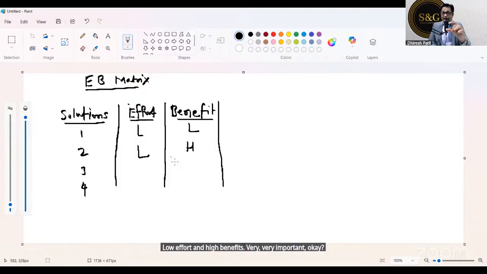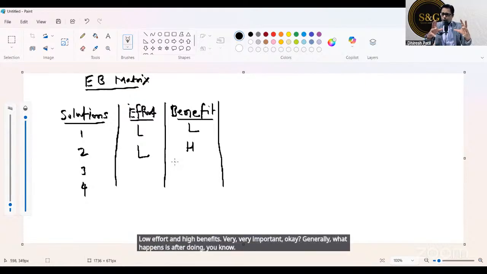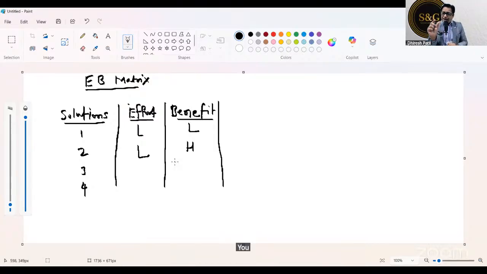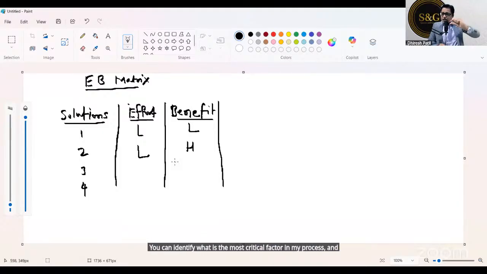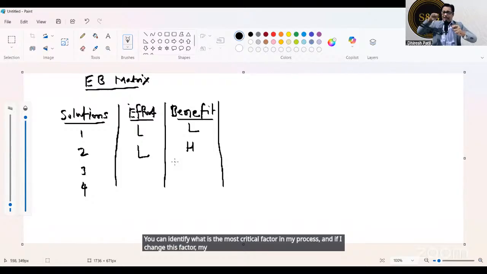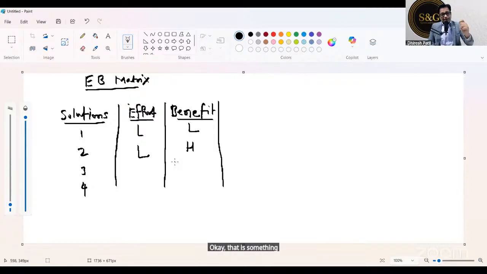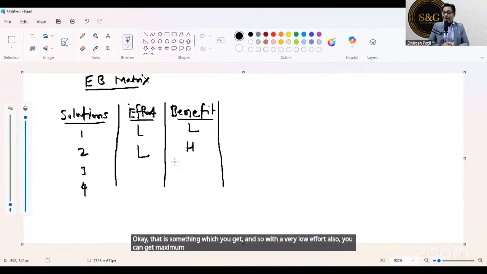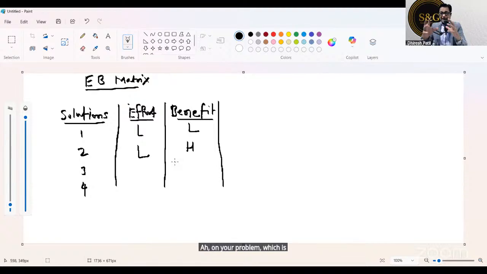Generally what happens is, after doing tools like design of experimentation, you can identify the most critical factor in your process, and if I change this factor, my productivity, my efficiency can go to the next level. So with very low effort also, you can get maximum impact on your problem, which is called a low effort, high benefit solution.